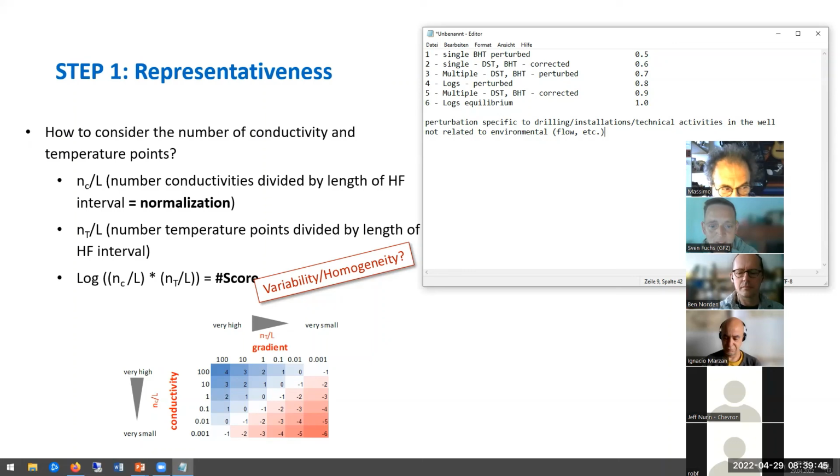And then I really would like to encourage you to think about how we could relate the number of measurements for conductivity or temperature in relation to the variability of information, because this is something we discussed during this workshop, the last one and the one before, as something we need somehow to cover and reflect, and we have no convincing solution so far for that.